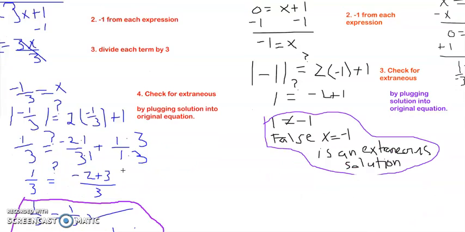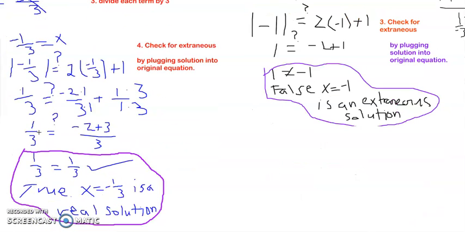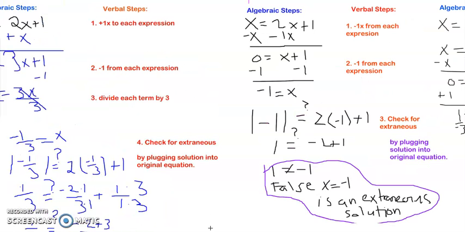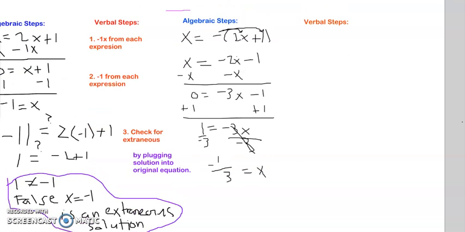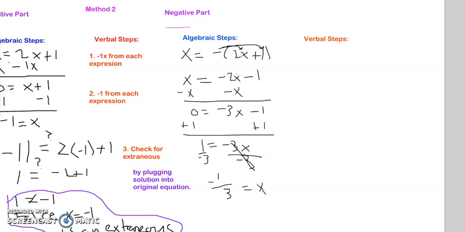And that's the same thing that we got on this last example. x equals negative 1/3. So both methods will give you both of the same answers. Let's talk about the verbal steps for this method. So the first step, step 1, would be to distribute. Multiply each term by negative 1.